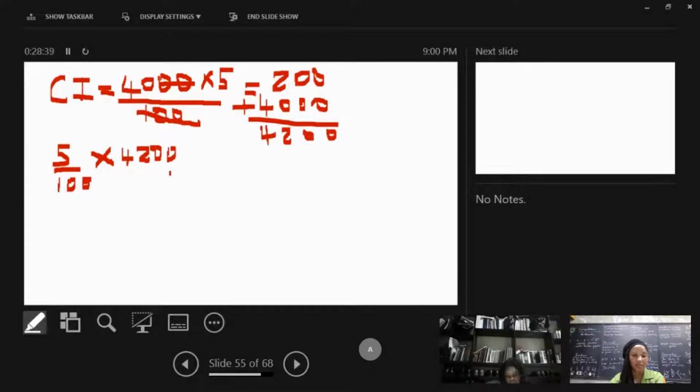All right. Okay, so that cancel that. So what are we left with here? 100. 5 2s are 10, 5 4s are 20 plus 1, 210. 210. And what do we do now?